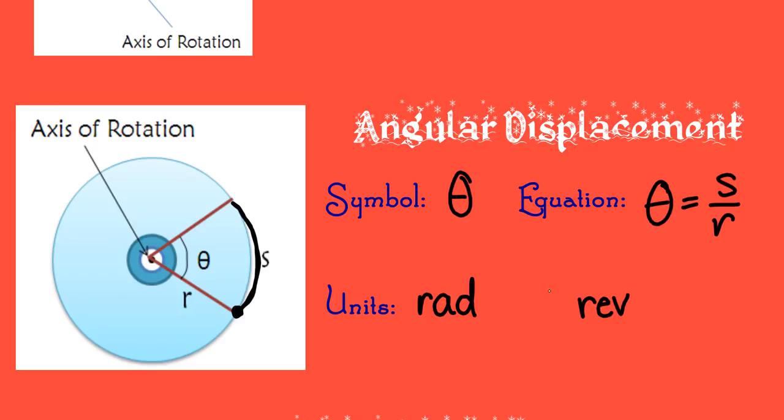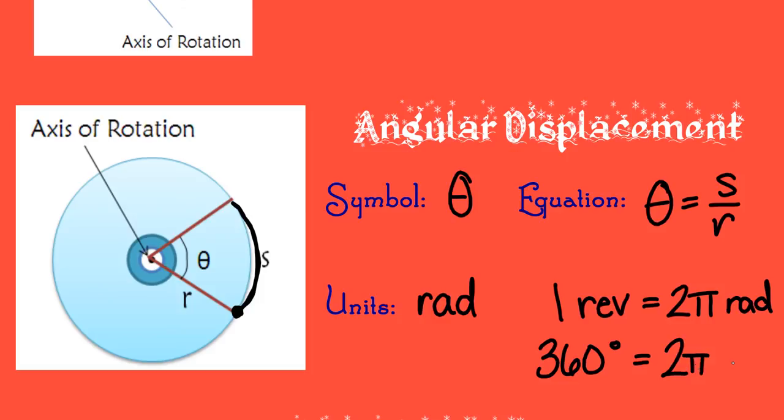An important fact that you must know is that 1 revolution is equal to 2 pi radians. Sometimes we use things in degrees as well, and so an important fact to know is that 360 degrees is also equal to 2 pi radians. When we use equations, we will commonly use radians rather than revolutions or degrees.